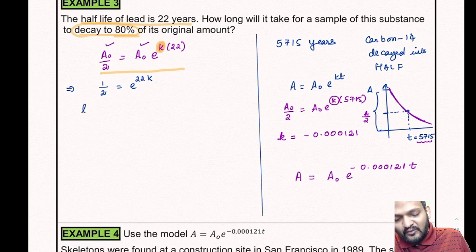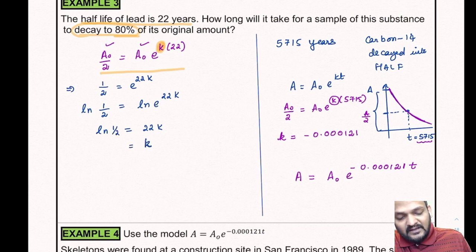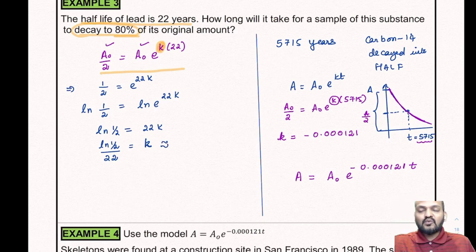Just like we did earlier, I'm going to take the ln on both sides. I have ln of 1/2 equals ln of e to the 22k, and this tells me 22k equals ln of 1/2. Therefore the decay rate in this case is k equals ln of 1/2 over 22.